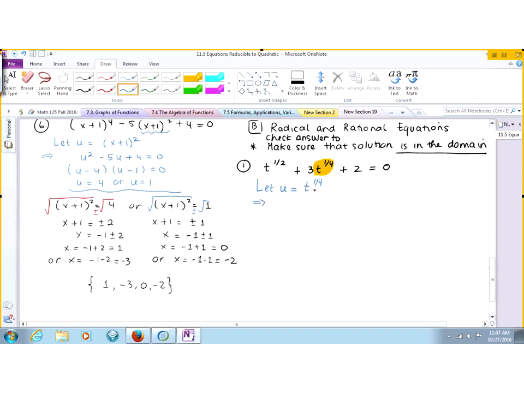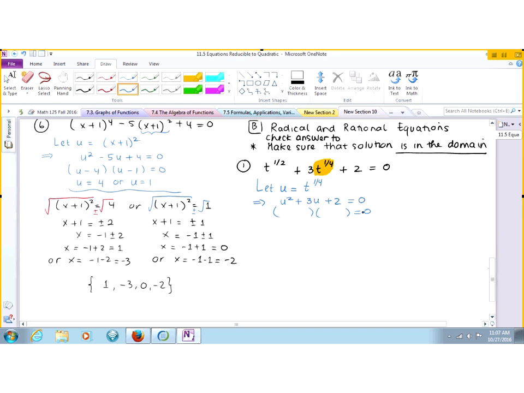It has to be the middle variable part. So if I let u equal to t to the 1/4, what is this? U squared plus 3u plus 2 is equal to 0. Okay, so how do we factor this?